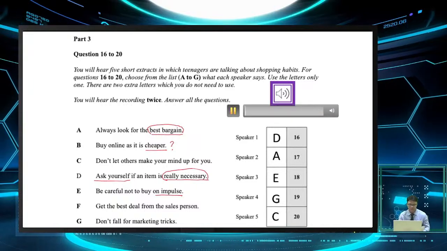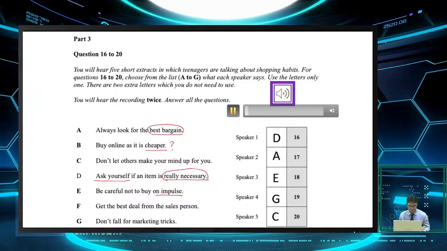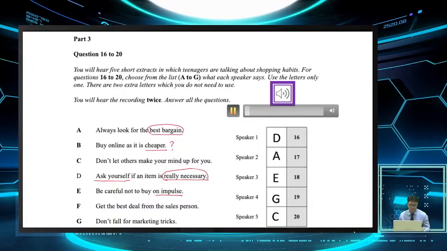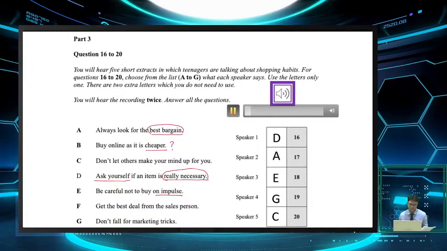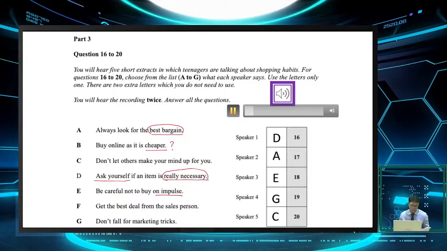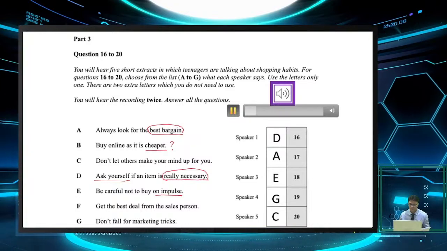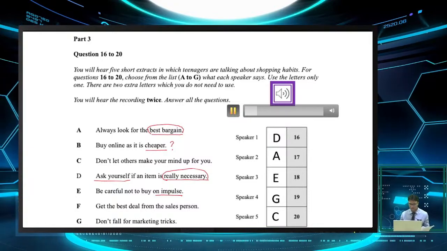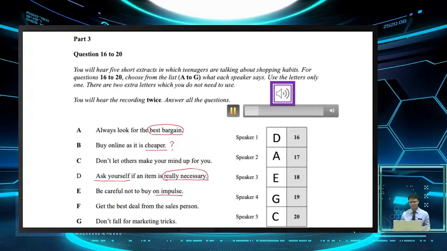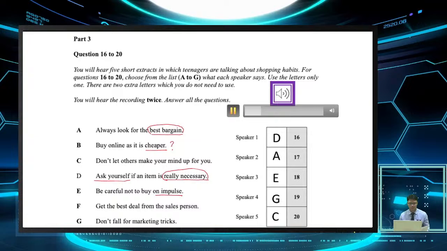Now turn to part 3. You will hear 5 short extracts in which teenagers are talking about shopping habits. Choose from the list A to G what each speaker says. Use the letters only once. There are 2 extra letters which you do not need to use.